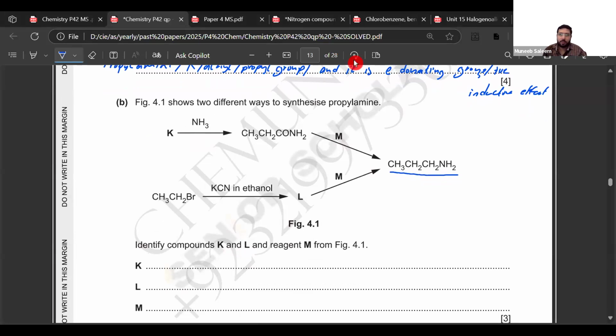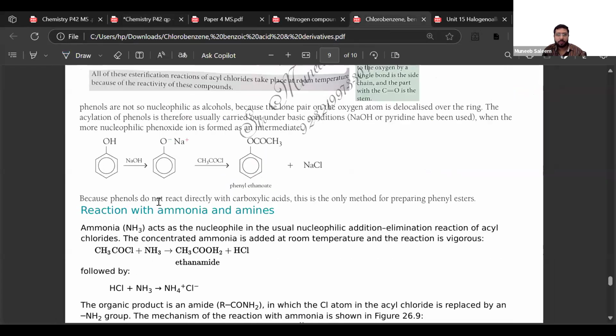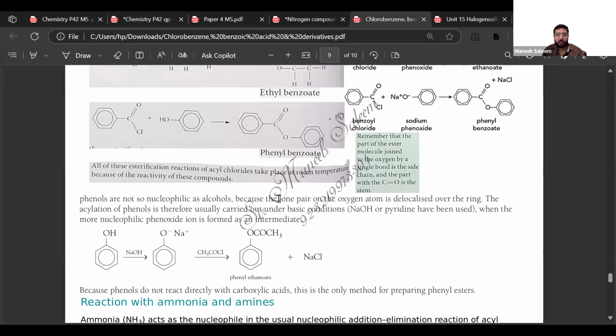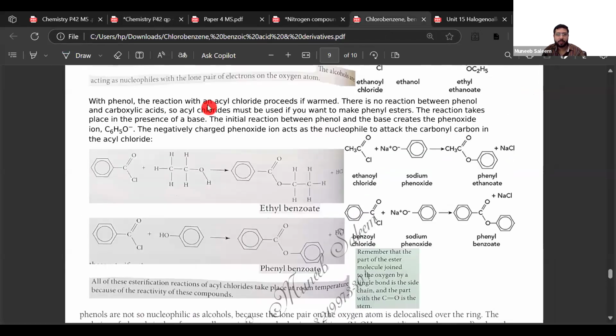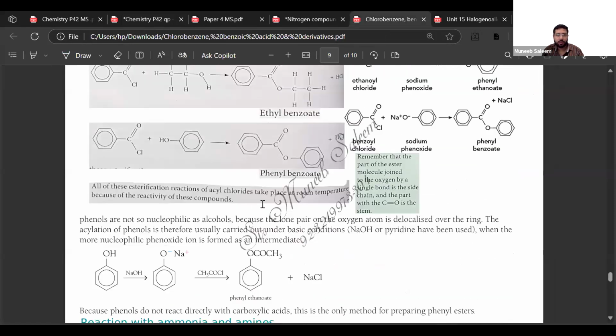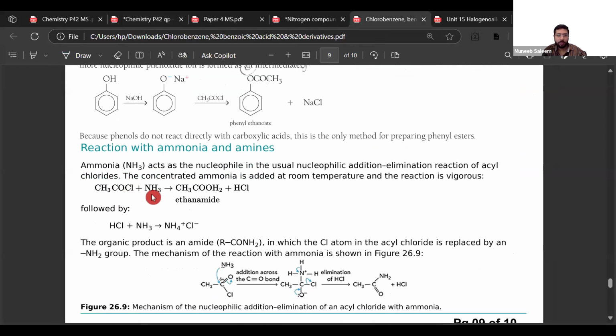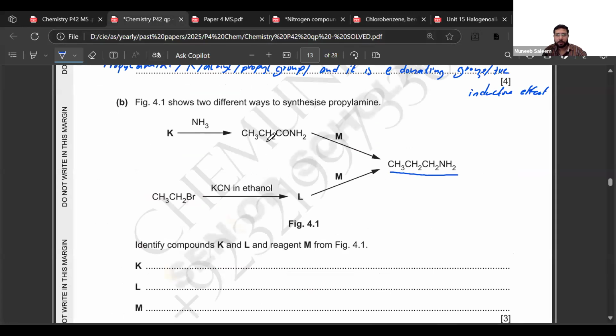Okay, so for this purpose, I will show you my notes. Here are my notes in which we discuss the reactions of acyl chlorides to produce esters and amides. And within that, we have the reaction with ammonia and amines. So this is where the acyl chloride reacts with the ammonia to make the amide compound. This similar compound is mentioned in our question. We have to produce a propylamide here.